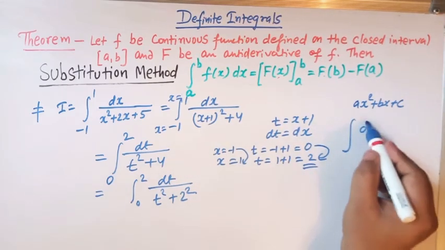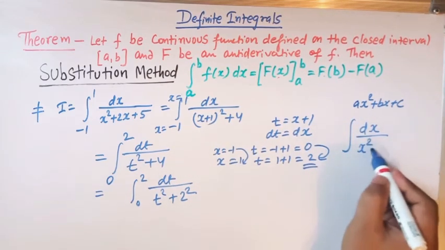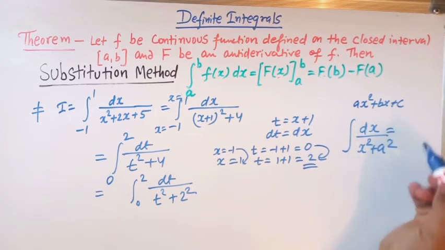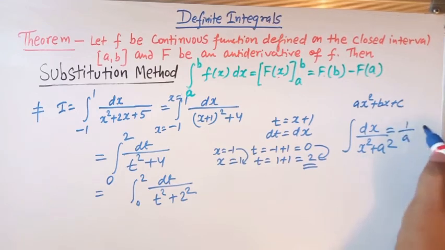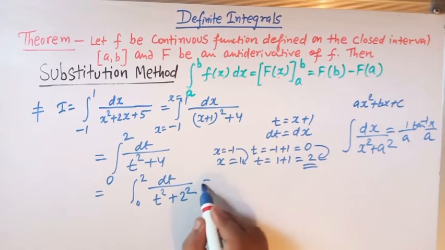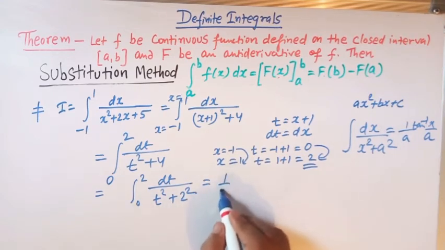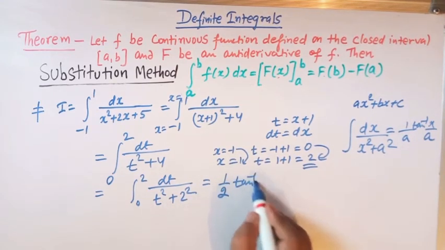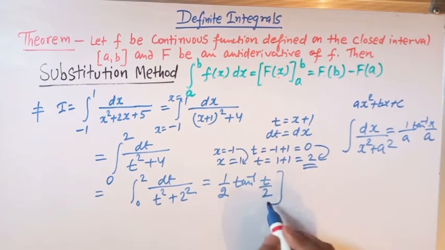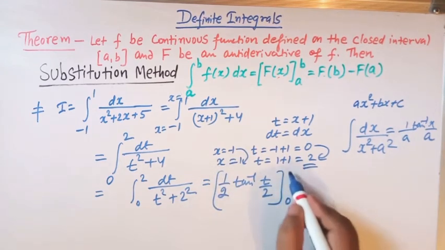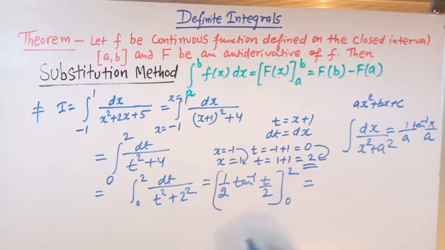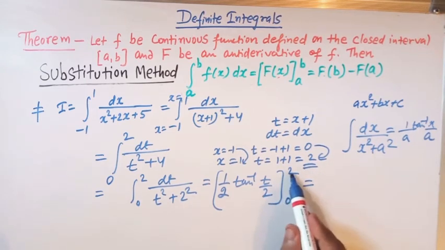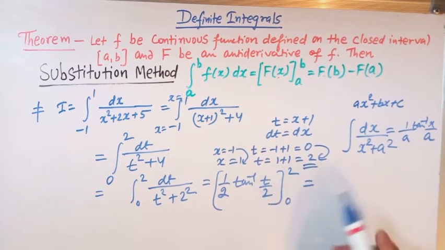Now we know that the integral of dx over x square plus a square is equal to 1 over a tan inverse x over a. So this can be written as 1 over 2 tan inverse t by 2, with limits 0 to 2. Now we'll substitute the value of 2 here.